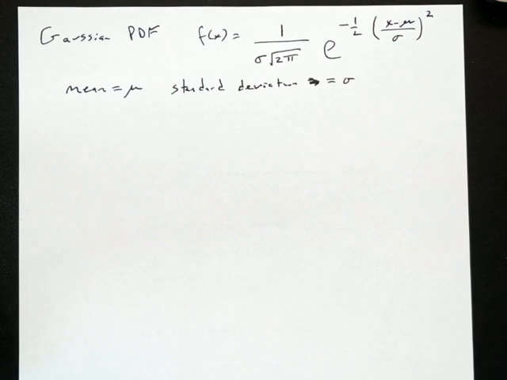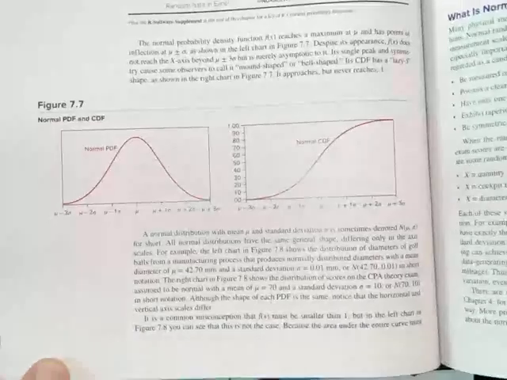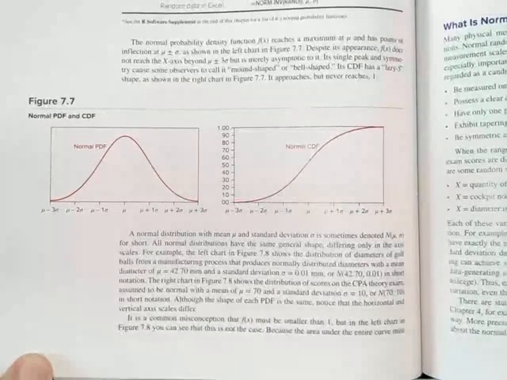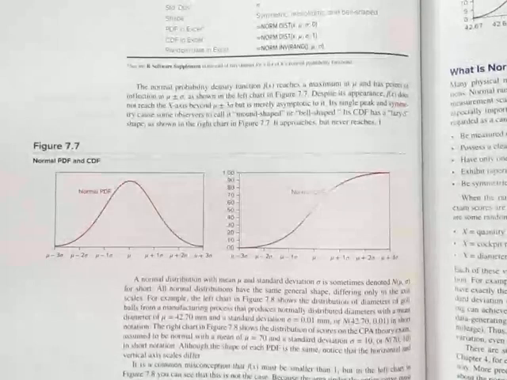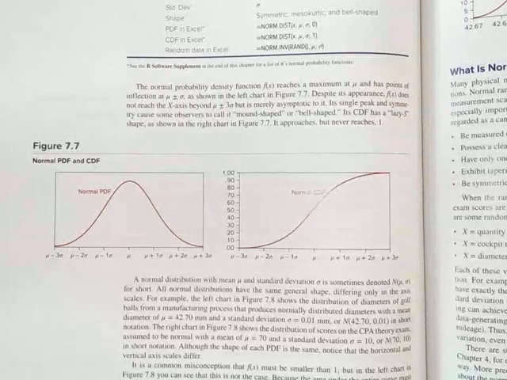But here's the interesting part. All normal distributions effectively look the same. And this figure, 7.7 on page 238, isn't even scaled with numbers on the x-axis.